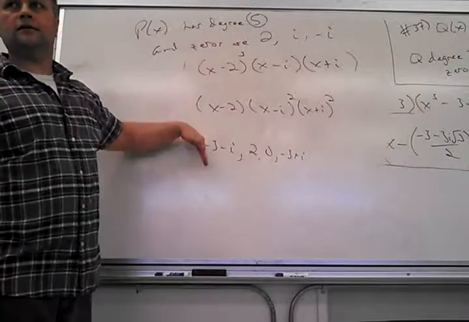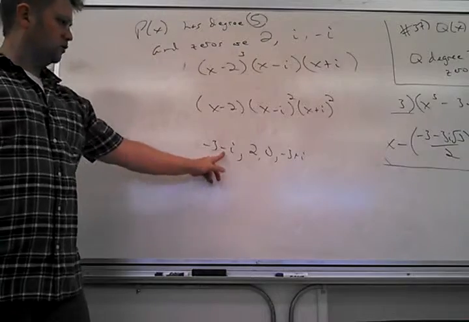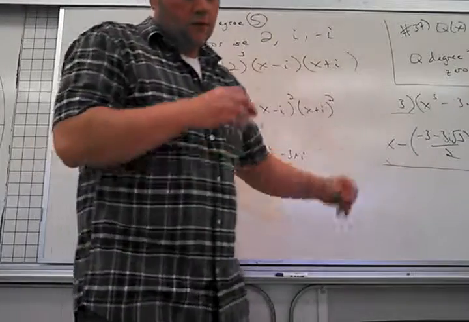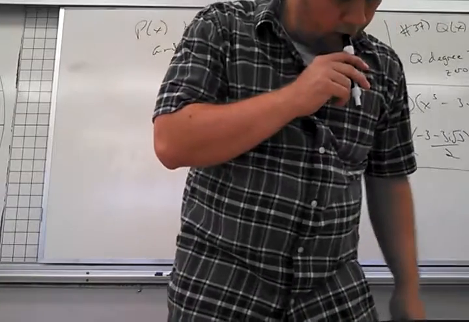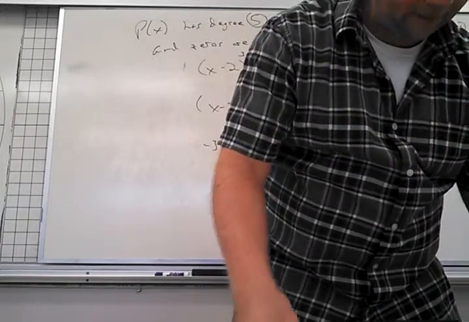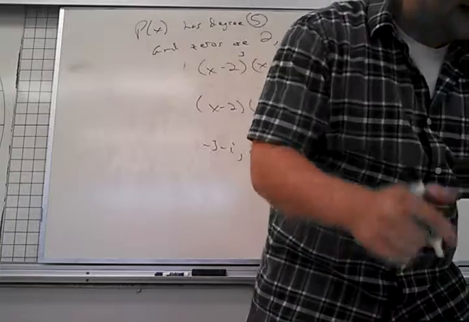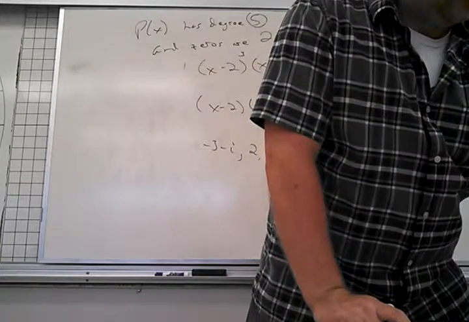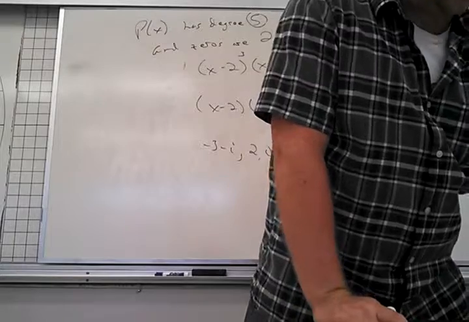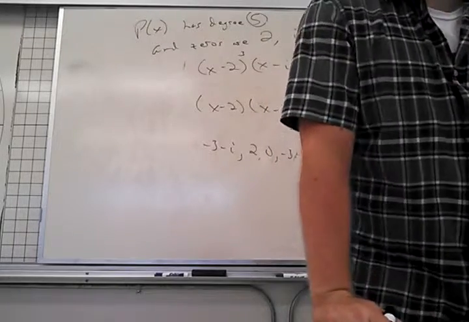It's really the same idea as that, just a little bit more gross here to work with. Okay. So that's section 3.6. Really nothing new compared to 3.4, except they have complex answers possible.